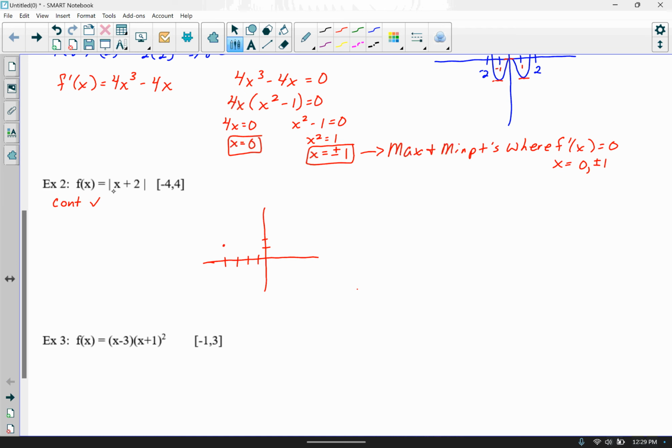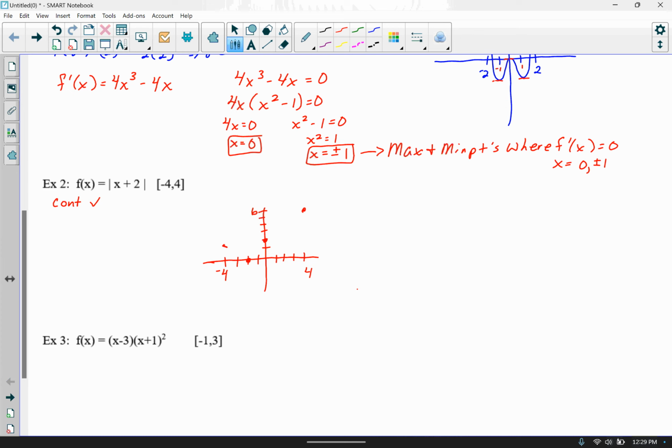Let's put in -2. -2 is going to give me 0. And if I put in 0, I'm going to get 2. Let's put in the other endpoint, +4. 4 plus 2 is 6. There's my 6. All right, so there's my -4 to +4.